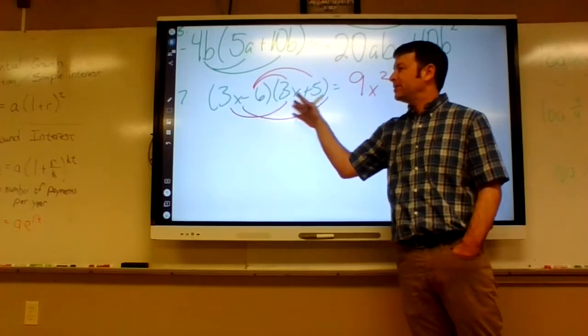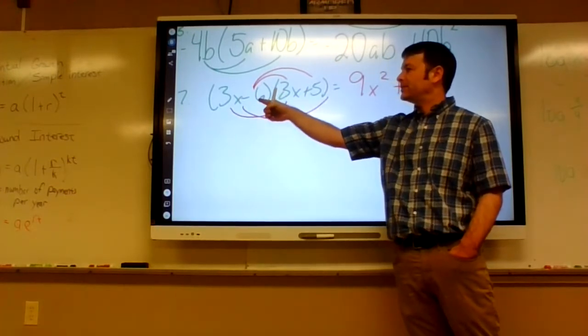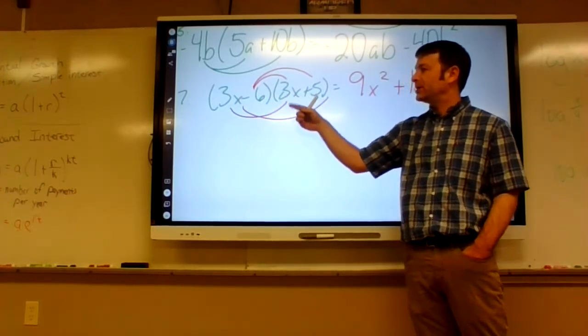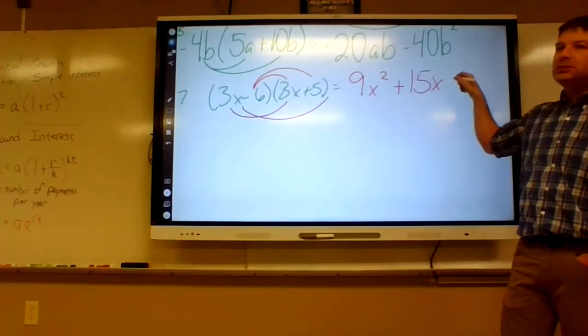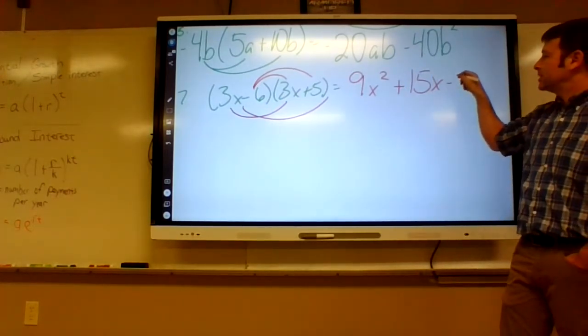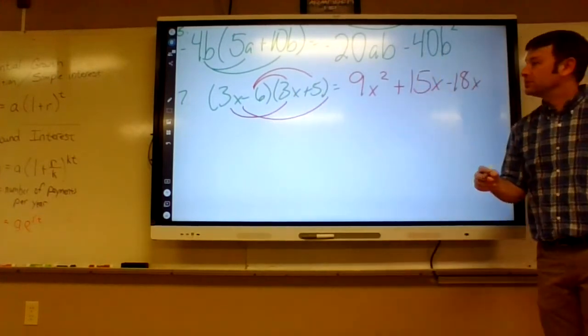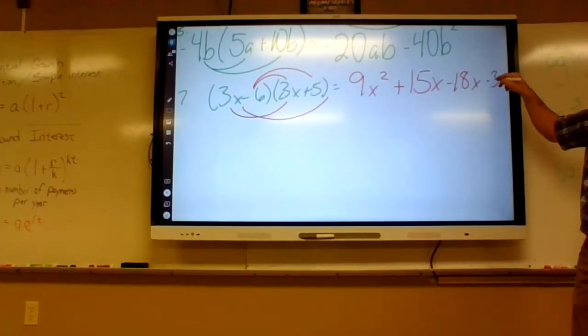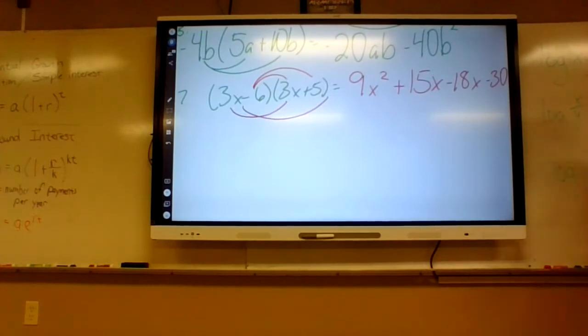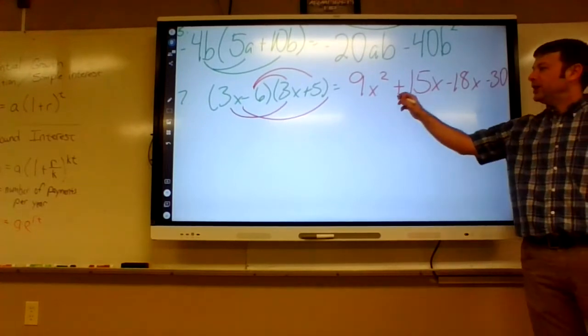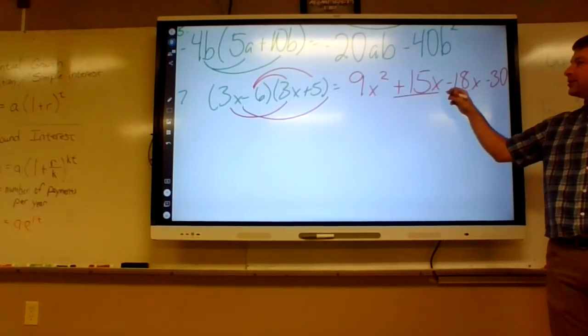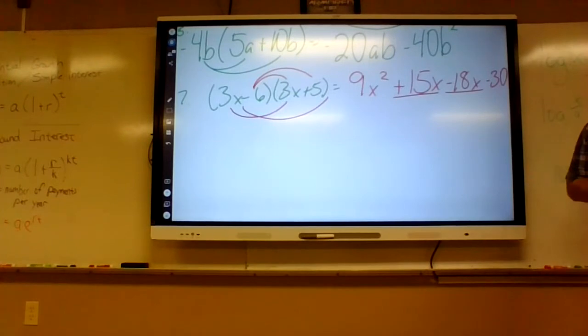Okay, so I did 3x on both of them, now I'm going to do -6 on both of them. -6 times 3x is -18x, and then -6 times 5 is -30. Okay, something's a little bit different on this one. The 15 and the 18. Right. We have like terms that we can add together.